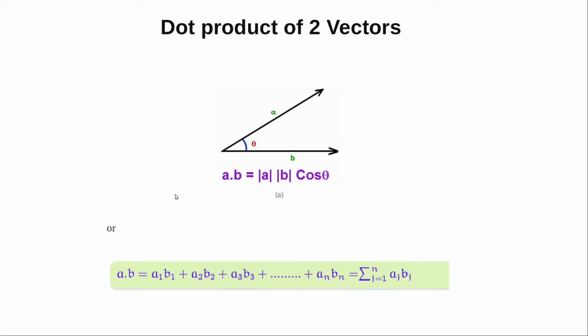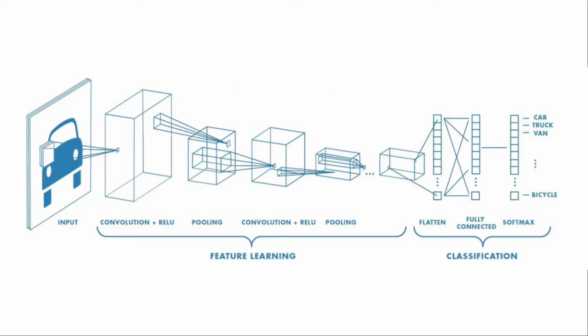Now, what does this theory of vector dot products have to do with an image-based neural network? It's because when an image moves through the various layers of a neural network, the content of the image is represented by the values of the intermediate feature maps. These feature maps are all tensors, or you can say matrices, and it turns out the style of an image can be described by the means and correlations across the different feature maps. Now, for style extraction from your input images, we need to find the correlation between the features in each layer.